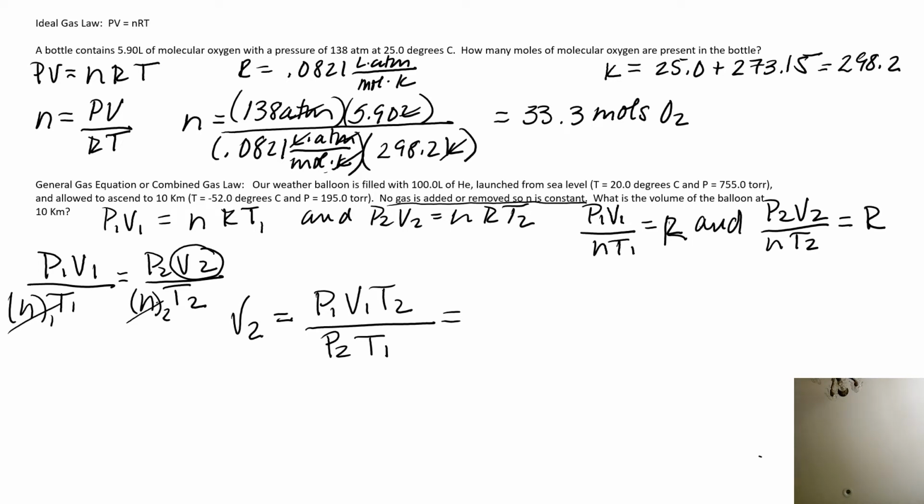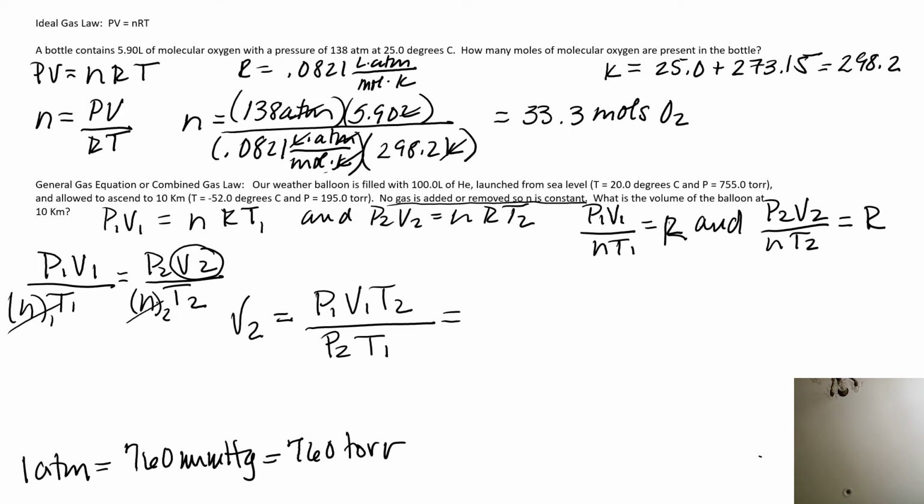Please note that our pressures are given in torr. And remember that 1 atmosphere equals 760 millimeters of mercury equals 760 torr.